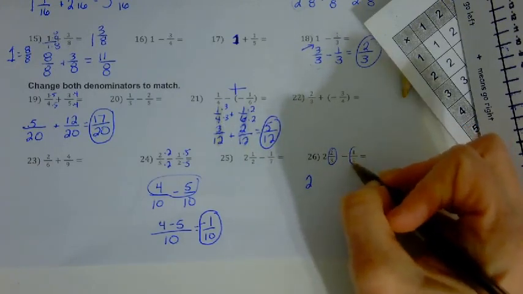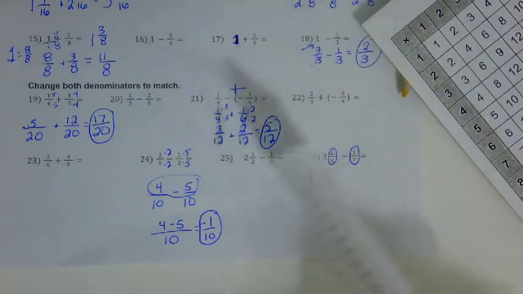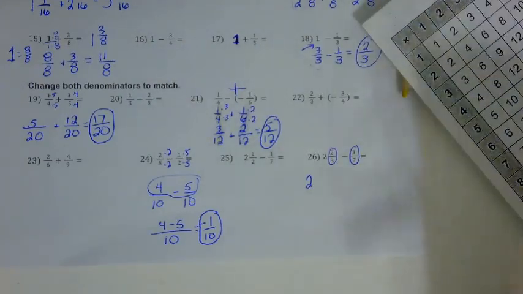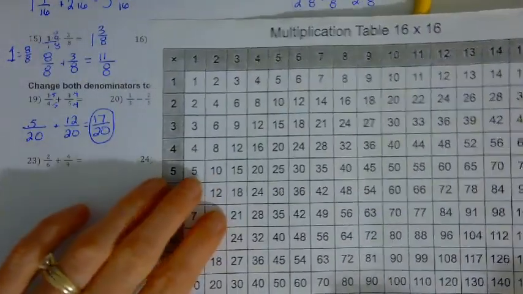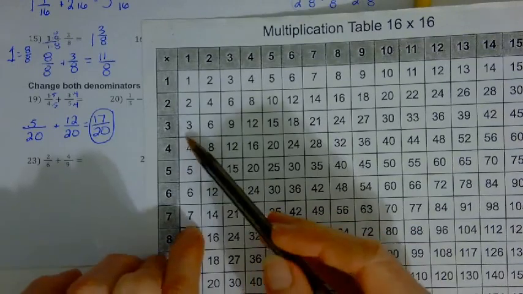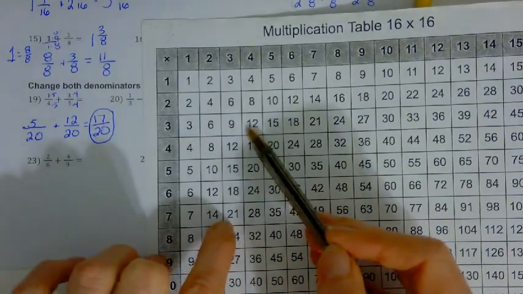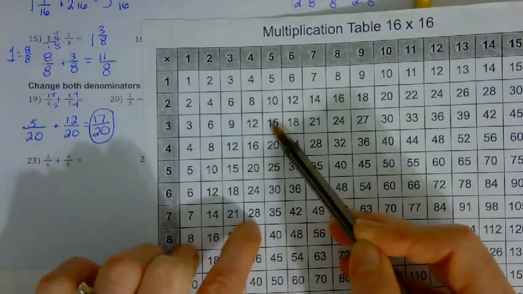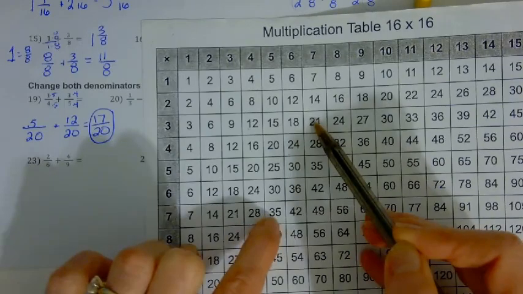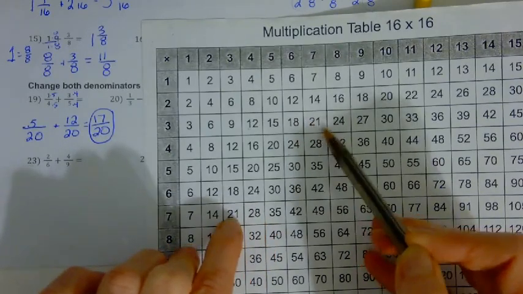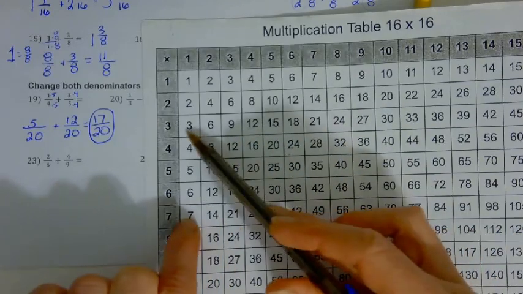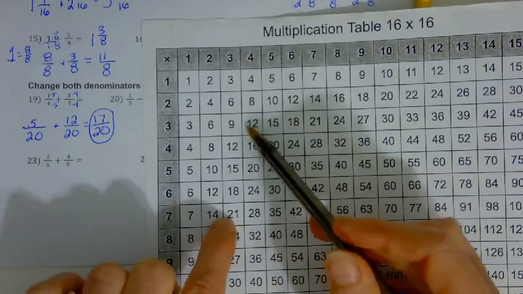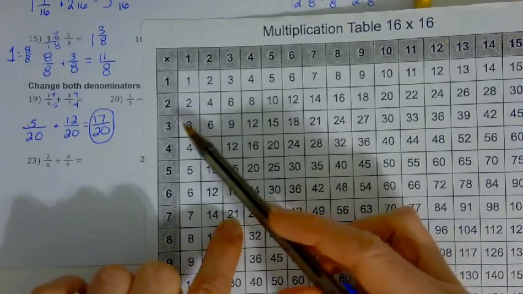Well, this is one of those ones where you could also just multiply 3 times 7, and that will give you the common multiple, but we can look here too. 3, 6, 9, 12, 15, 18, I see one, 21. 21 and 21. So that's the first time that they share one. Okay, it's kind of hard to spot them sometimes. But actually, in this case, 3 times 7 is 21, so it's a little easier.